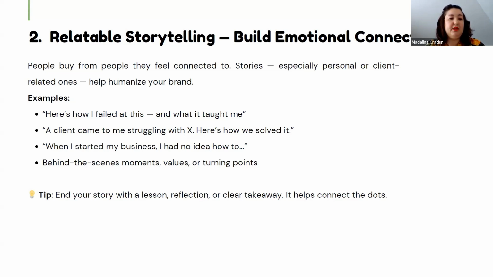Some examples: here's how I felt about this and what it taught me. A client came to me struggling with this, this is how we solved it. When I started my business, I had no idea how to do things. Behind the scenes moments, values, or turning points. End your story with a lesson, reflection, or a clear takeaway. It helps connect the dots.